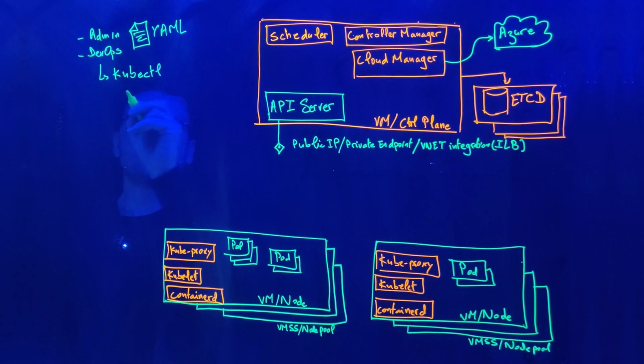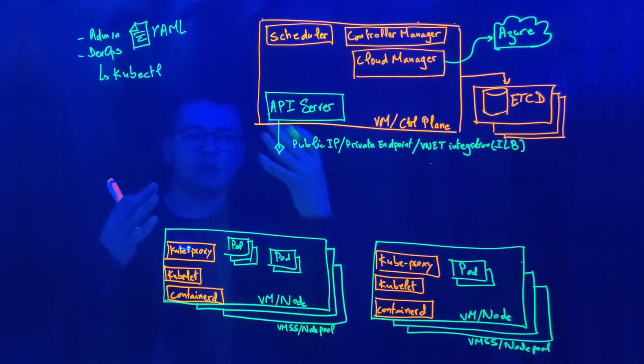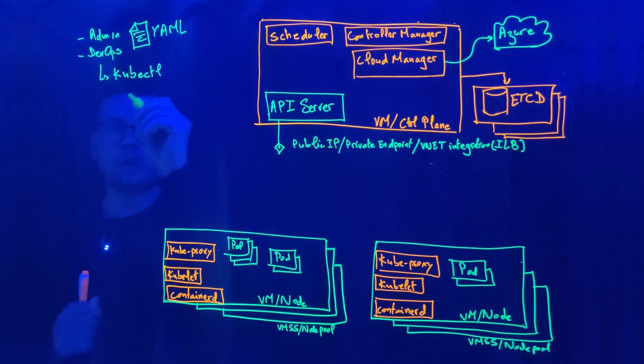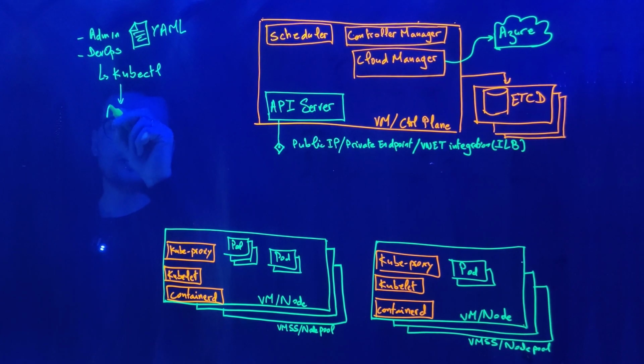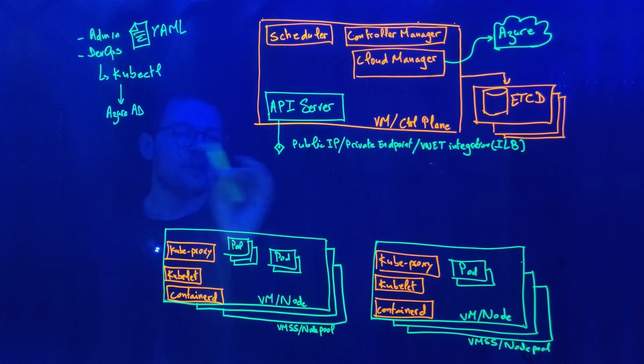Through kubectl, because here we add security to this cluster, maybe we have already enabled Azure Active Directory authentication. We can enable that feature so that each request to the API server should be authenticated and then authorized by AKS.